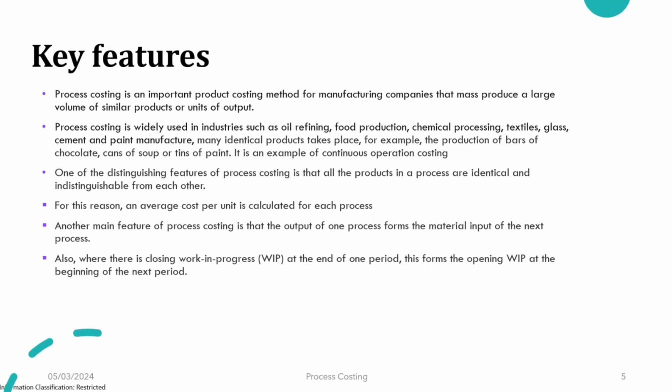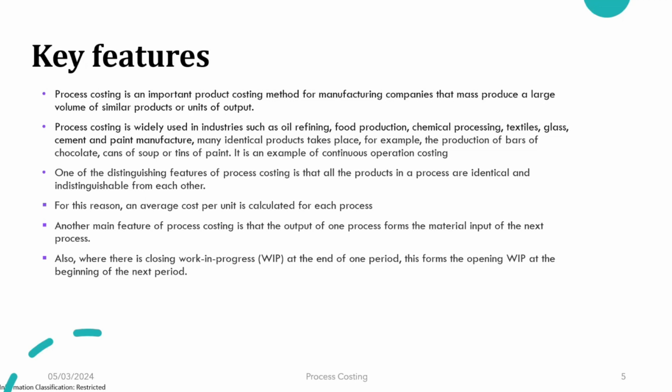So one of the distinguishing features of process costing is that all the products in a process are identical and indistinguishable. For this reason, an average cost per unit is normally calculated. It's very difficult to understand the cost item by item. But if you have an overall output and the number of units, then it's quite simple to produce an average, and that could be a representation of the cost per unit.